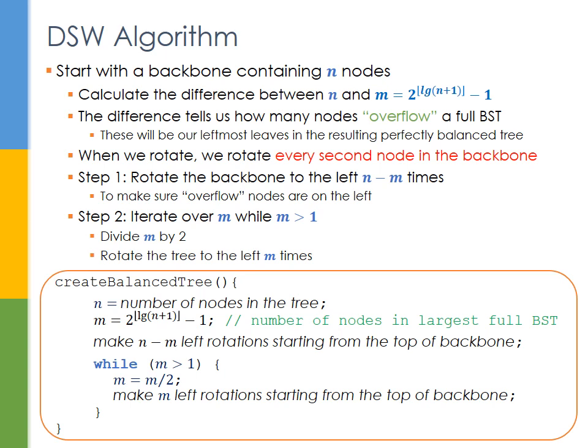So what we see is that m's value decreases at each step by half, and this means we will be performing fewer and fewer left rotations for each iteration. And this while loop will construct the full binary search tree which can be constructed given our particular value of n.